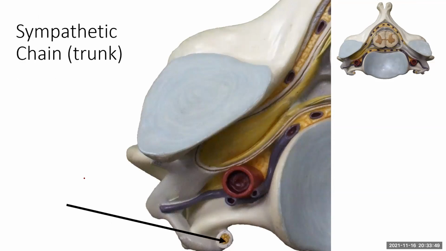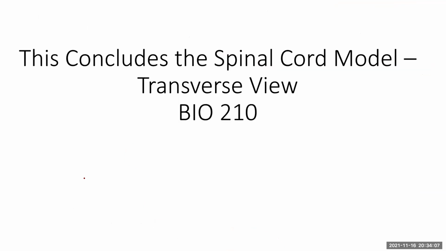And then, of course, those rami communicantes connect to our sympathetic chain or the sympathetic trunk. And so they allow us to connect our spinal nerve to the sympathetic trunk via the rami communicantes. And my friends, that is it for the spinal cord. Okay, one down.